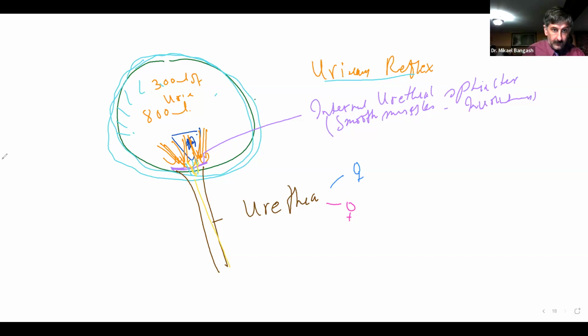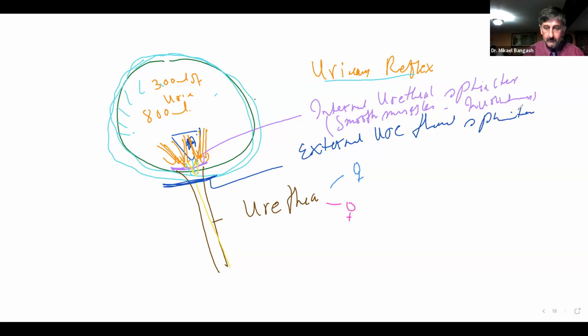And that's why we have a second sphincter mechanism, which is going to be the external urethral sphincter, which is going to be made up of skeletal muscles, which makes them voluntary.